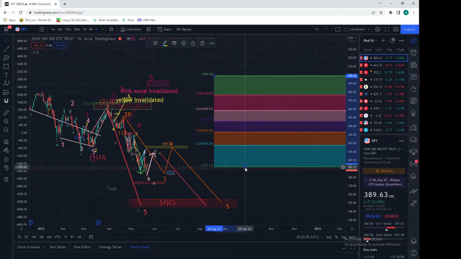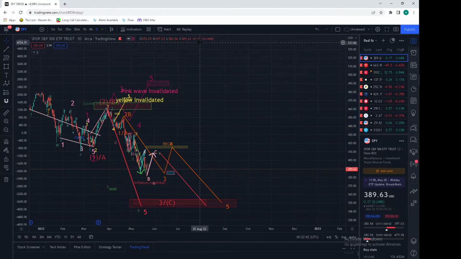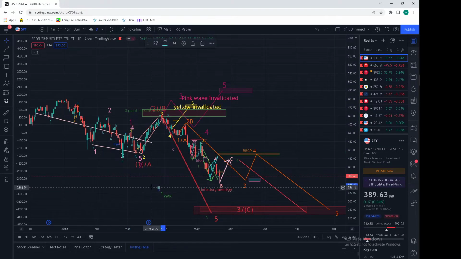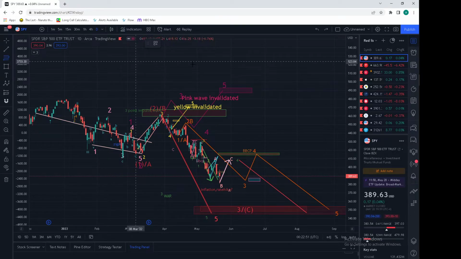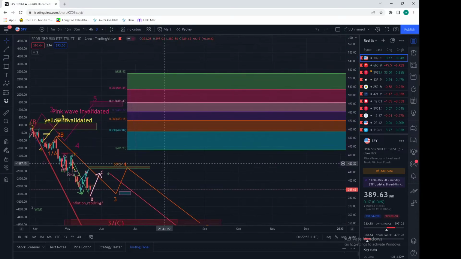A lot of people play individual levels for support and resistance, because if it falls through one level, then the next level is there. So you just look for support or resistance at each of those. Exactly.